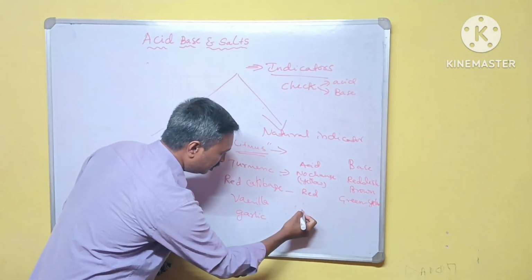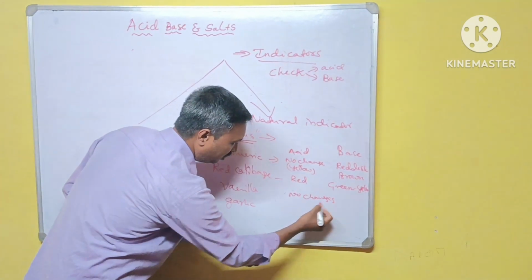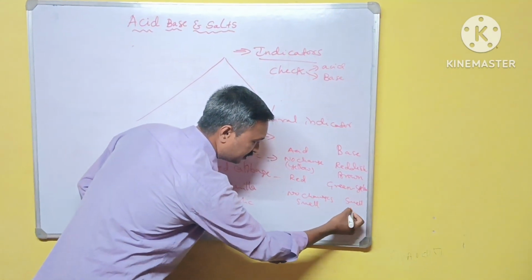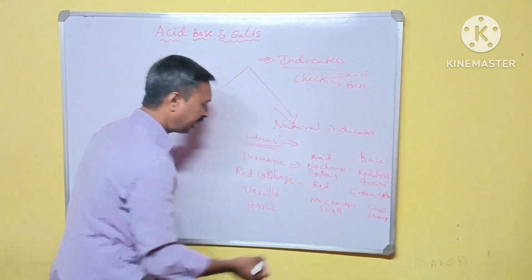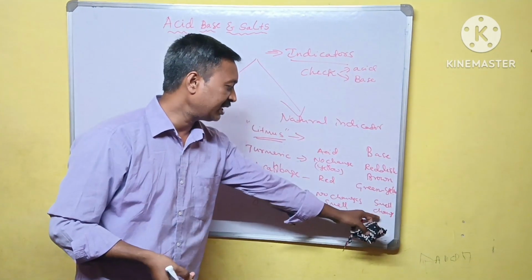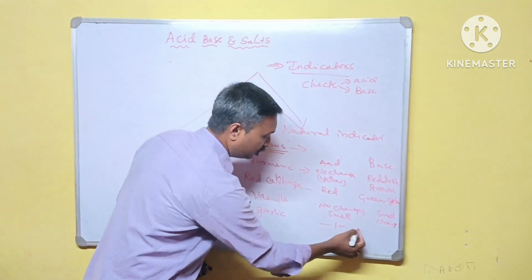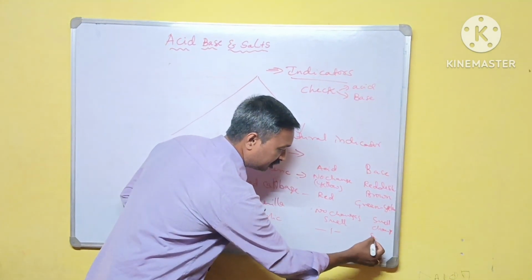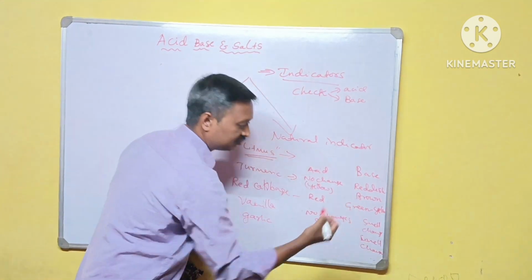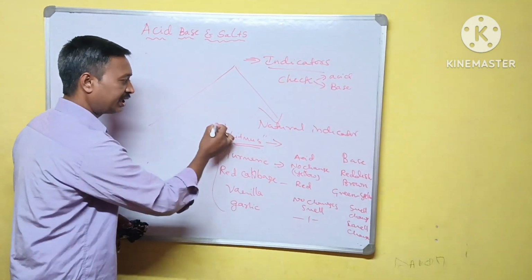Vanilla: with acid, no change in the smell, but with base, the smell changes. Same with garlic: with acid, no changes, with base, the smell changes. Any doubt? These are all natural indicators.